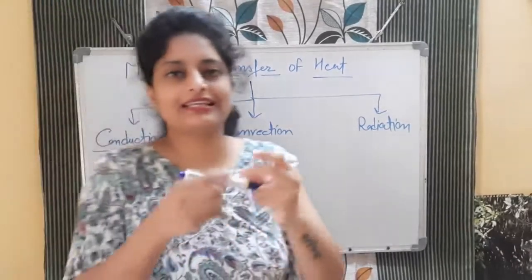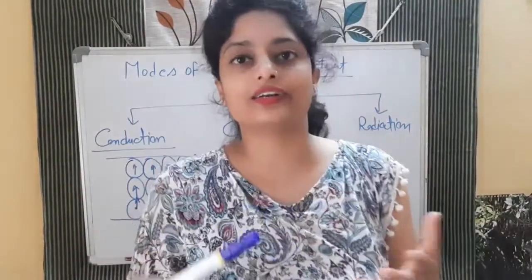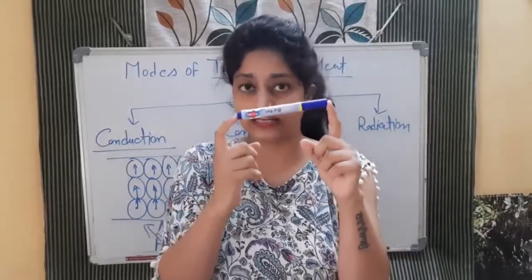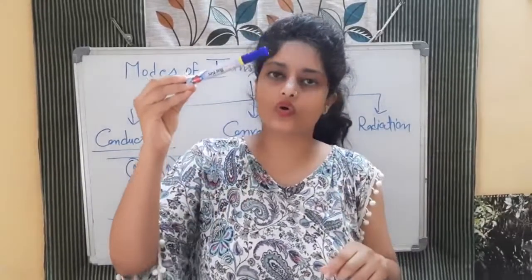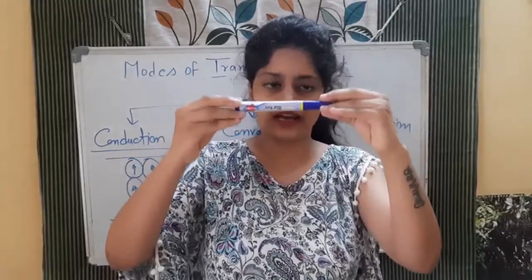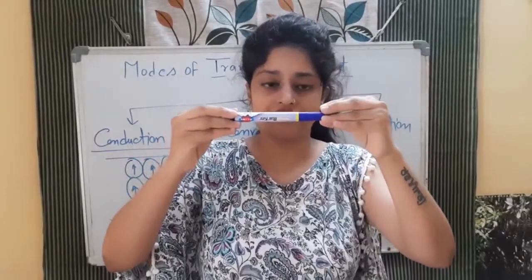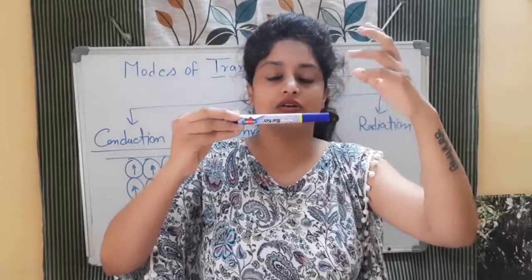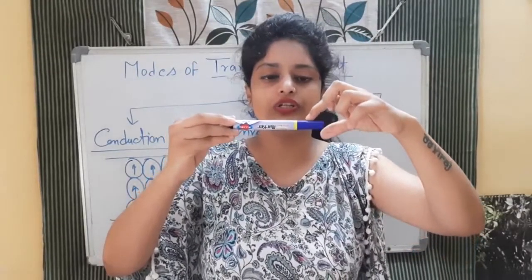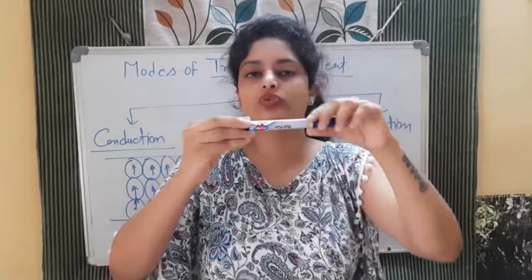For example, this is an iron rod. Metals are very good conductors of heat. Now when you put this rod in the fire, this part we are putting in the fire becomes hot. After some time, the energy from the molecules transfers 1 to 2, 2 to 3, 3 to 4, and finally it comes to this end.